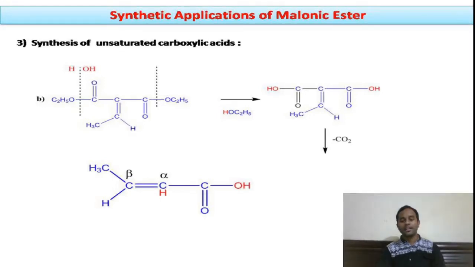Here the product name is crotonic acid, right? This is the alpha, beta unsaturated carboxylic acid. In this way, we can prepare the alpha, beta unsaturated carboxylic acid from the malonic ester, right? This is the third synthetic application.